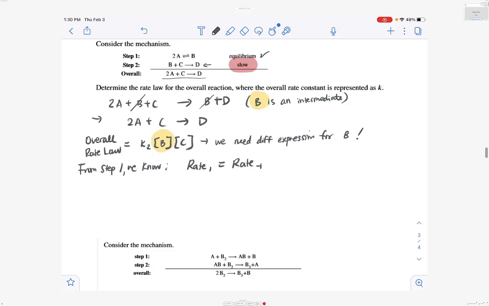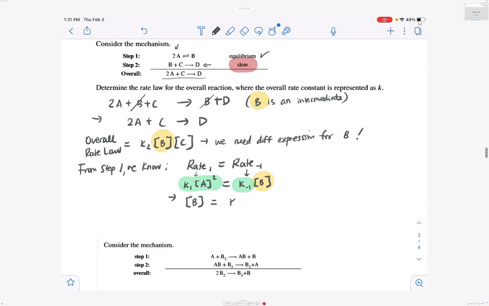That means the rate law for the forward reaction is going to be the rate constant for the forward reaction multiplied by the concentration of A to the power of 2, because you have 2 moles of A. The rate law for the reverse reaction is the rate constant of the reverse reaction multiplied by the concentration of B. Okay? So now, can you solve for B? Yes.